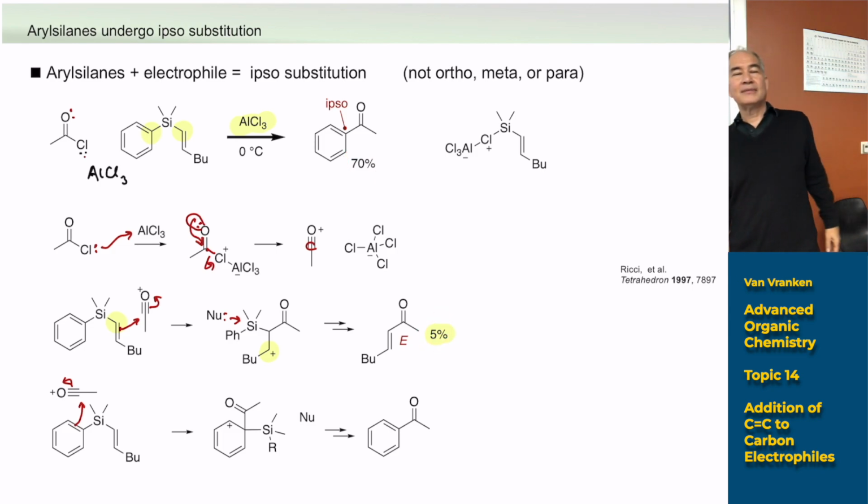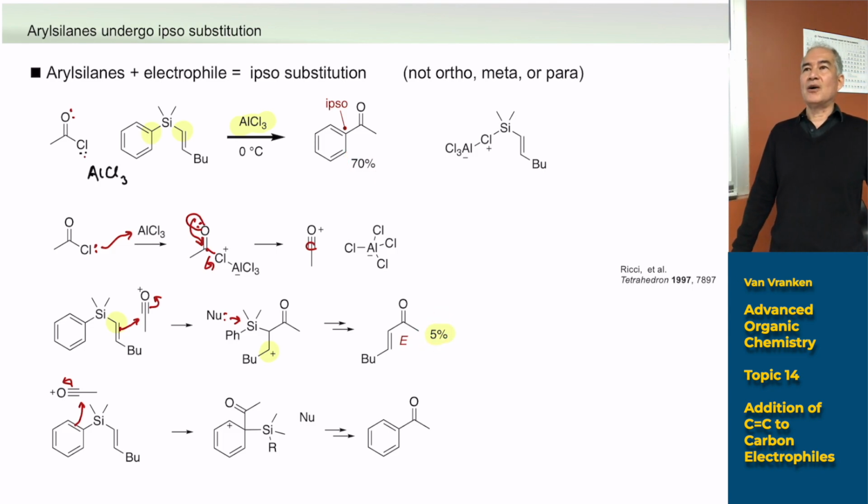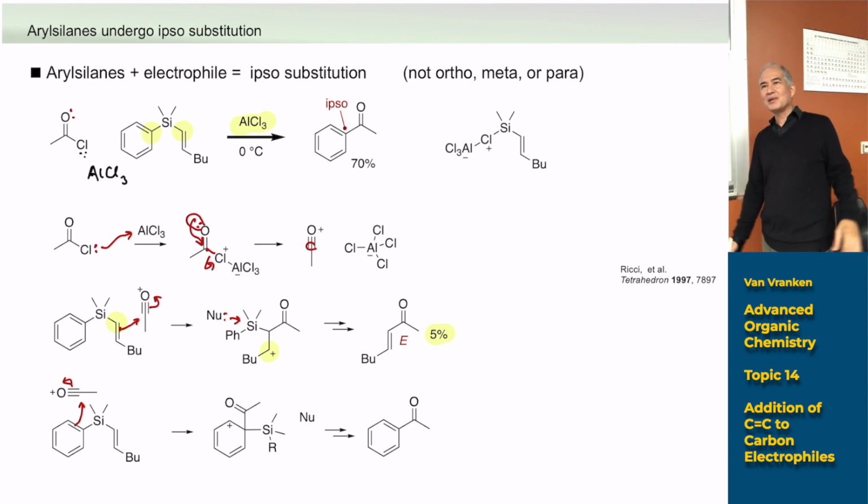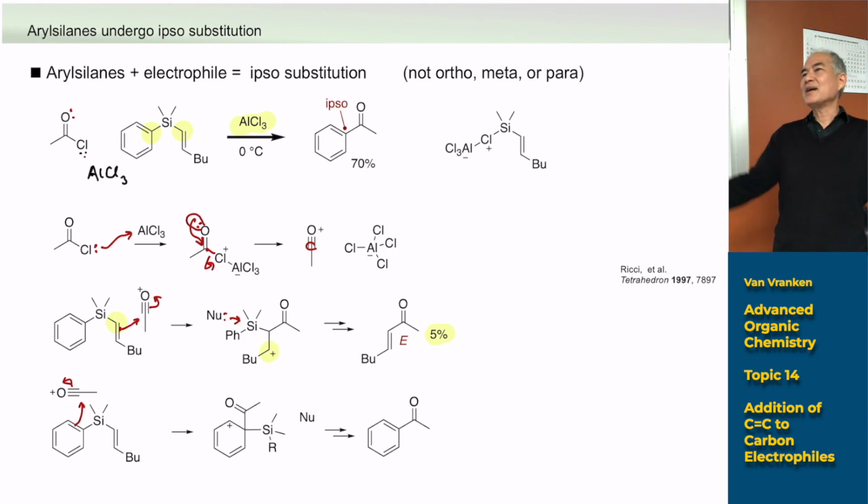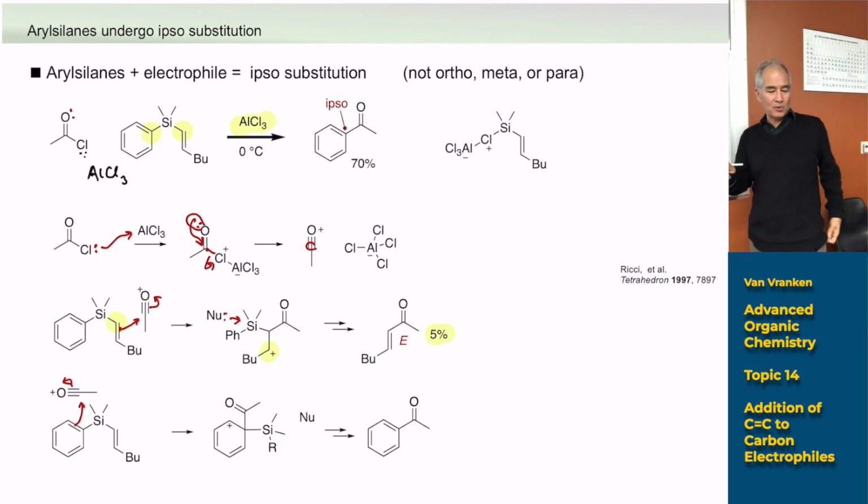That's a 70-to-5 ratio, which is a 14-to-1 ratio. The benzene ring attacks 14 times faster than the vinyl group attacks. And you can convert 14 into kcal per mole. It's more than 1.4 kcal per mole, I'm not good with the math. One transition state is more than 1.4 kcal per mole lower in energy.